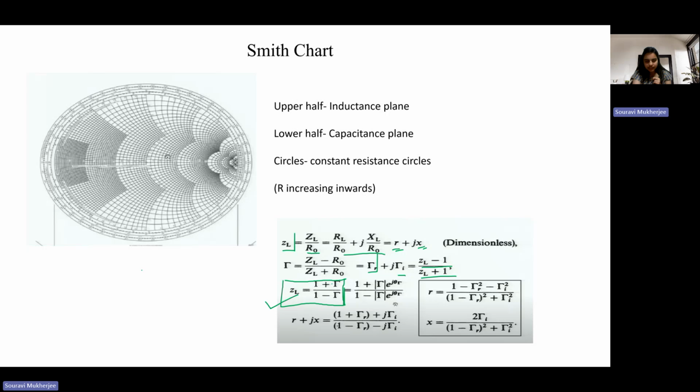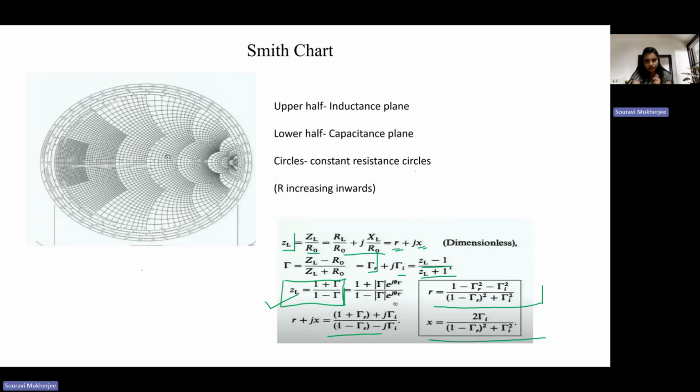So now here you can again write the reflection coefficient as some magnitude and phase, and using this relation, this will be your real part and this will be your imaginary part, right?